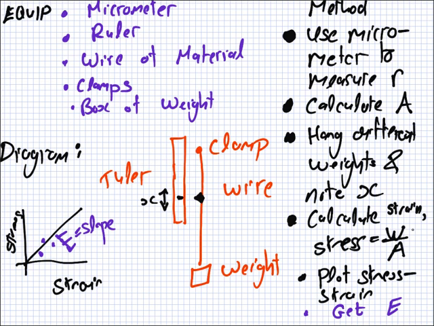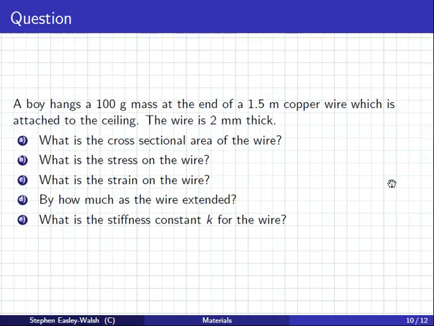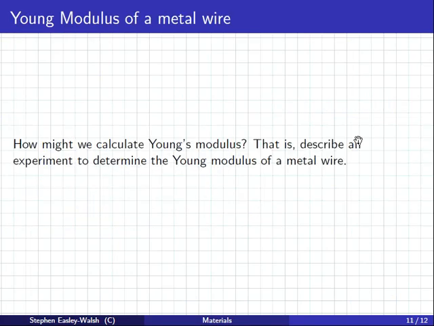Will it happen in the exam? Say again? Does it happen in the exam? What do you mean? They ask us a question for this. Could they ask you this? Yeah, they could ask you a question like this. They could say, describe an experiment to determine Young's modulus of a metal wire.